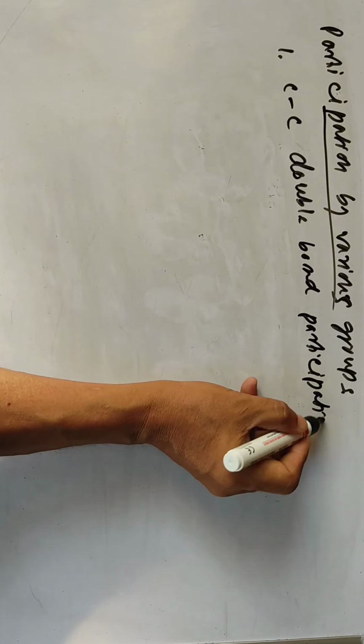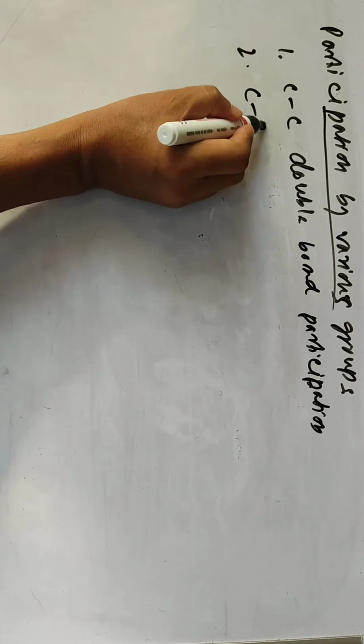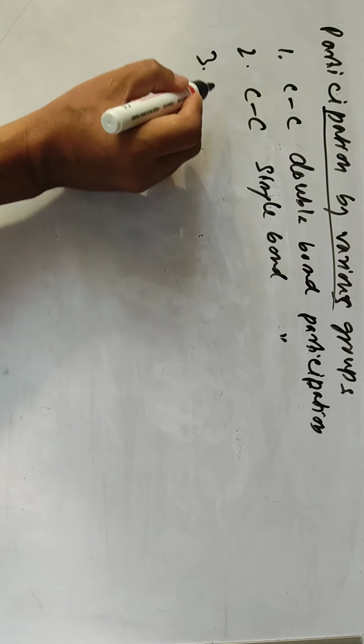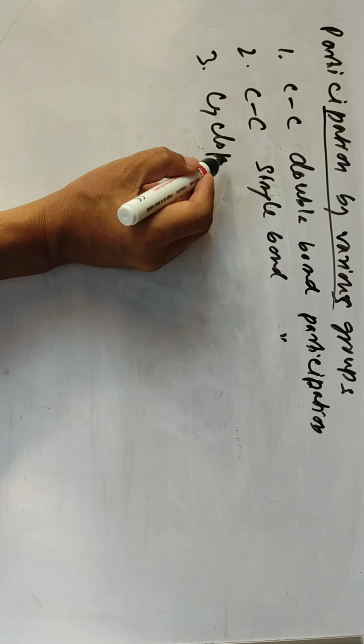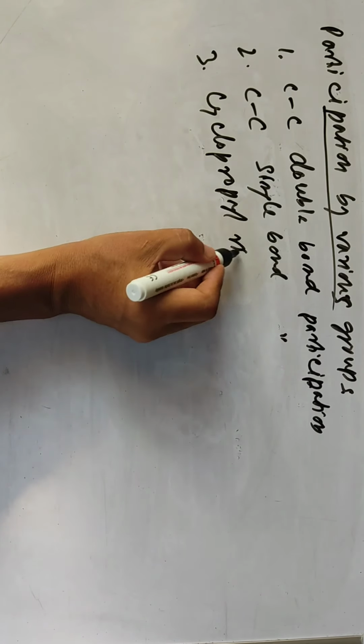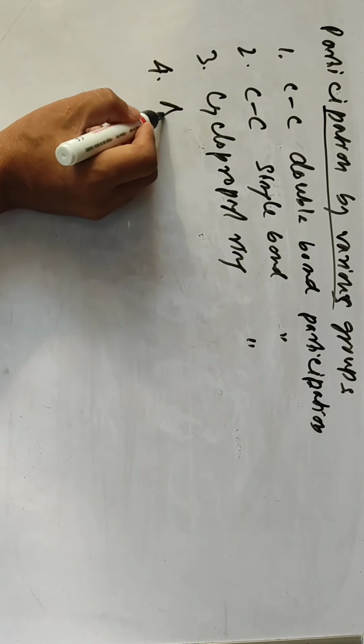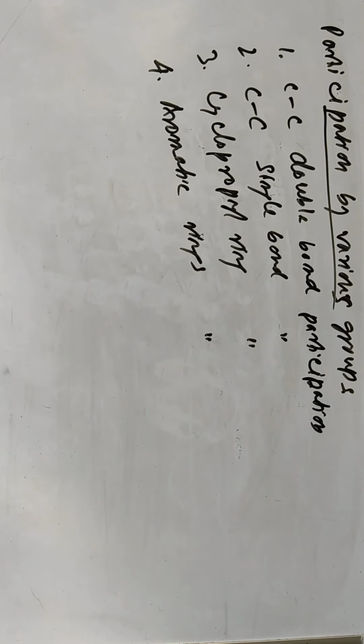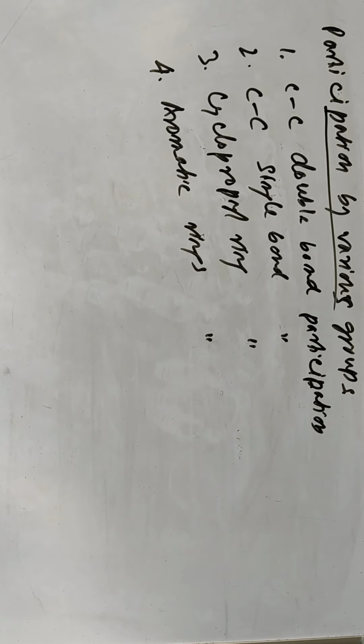You can have different types of participation, and then C-C single bond participation, and then cyclopropyl ring participation, and finally aromatic ring participation. So let's discuss them one by one.